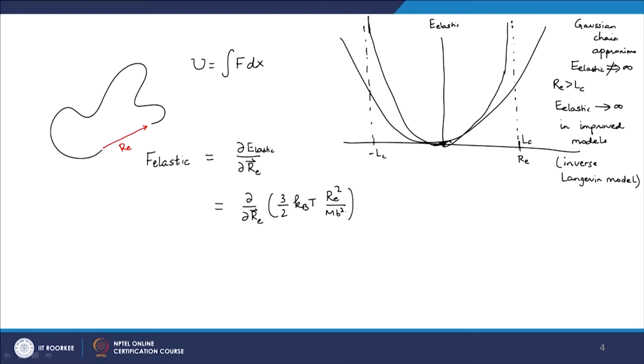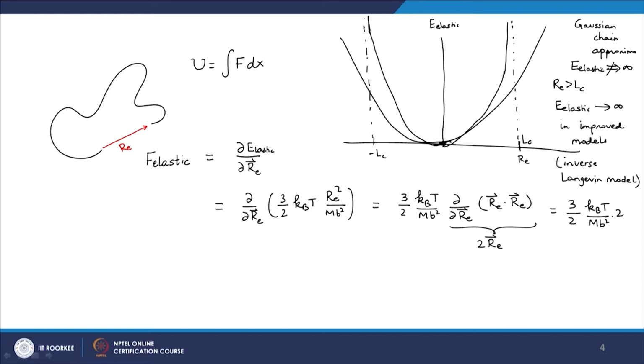to take the derivative with the vector RE, we can of course take the constants out and replace RE square with RE dotted with RE, and then from here we get 2 multiplied by RE, which is 3 by 2, and the 2 will cancel out.